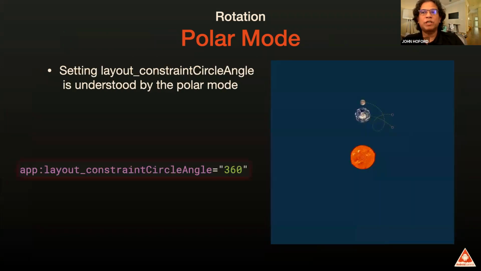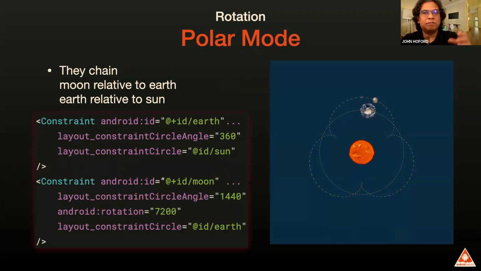What's interesting is that your layout constraint angles are actually understood. Even though in theory nothing really changed about the starting and ending position, you can see from the rotation of 360 in the circle angle that I need to move 360 around it. They can be combined to produce fairly complex motions with multiple amounts of rotation, and it'll all come together.